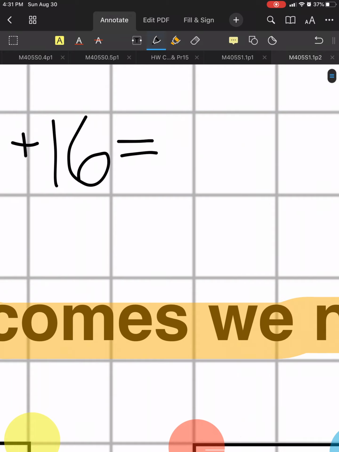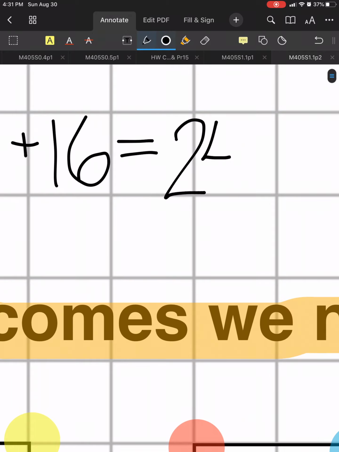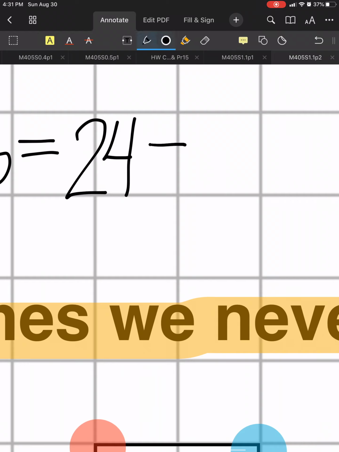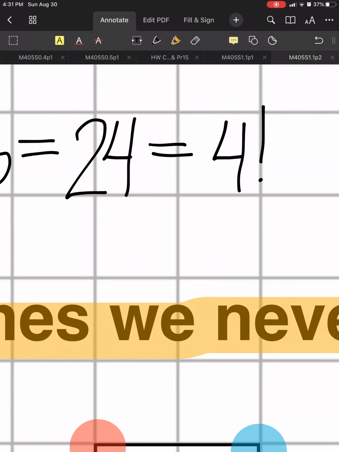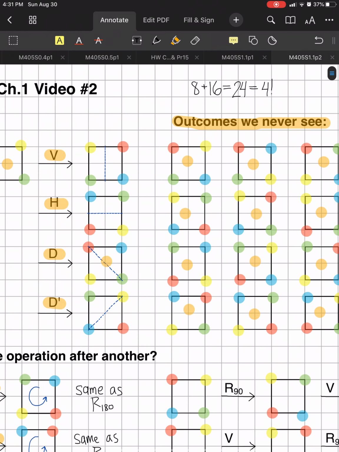If we add that up, that's usually 24, which is, anybody know what that is? Maybe you do. It's 4 factorial. Essentially, we have 4 spots. If we start in the upper left and color that one, move around the square, we have 4 options for the upper left.